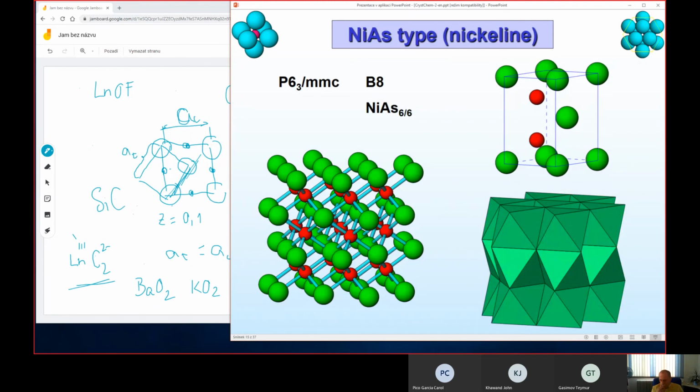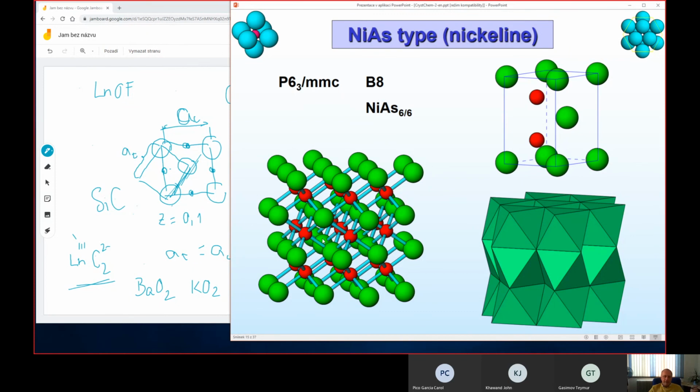Now, if you fill all octahedral positions in a hexagonal close-packed array, you obtain the nickeline or nickel arsenide type. So again, we have edge-shared octahedra. We also know that the opposite coordination is trigonal prismatic.